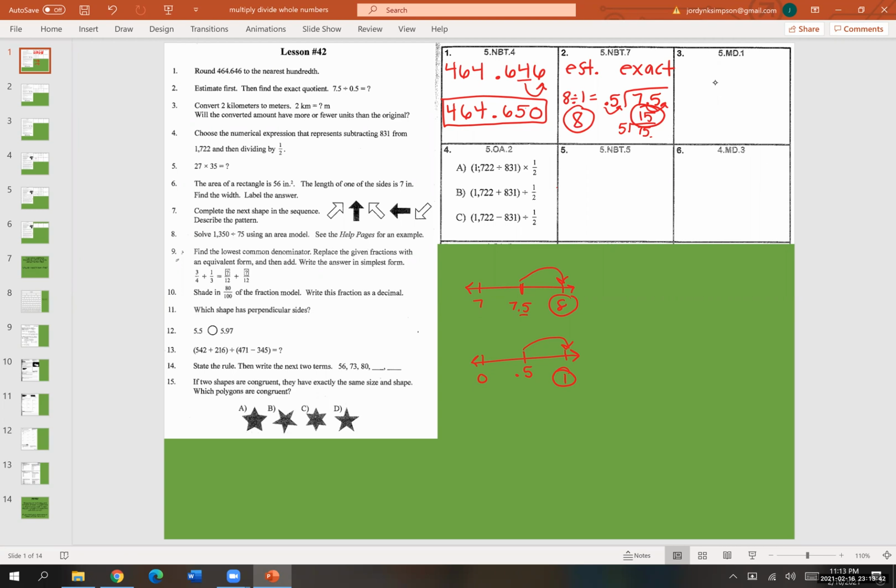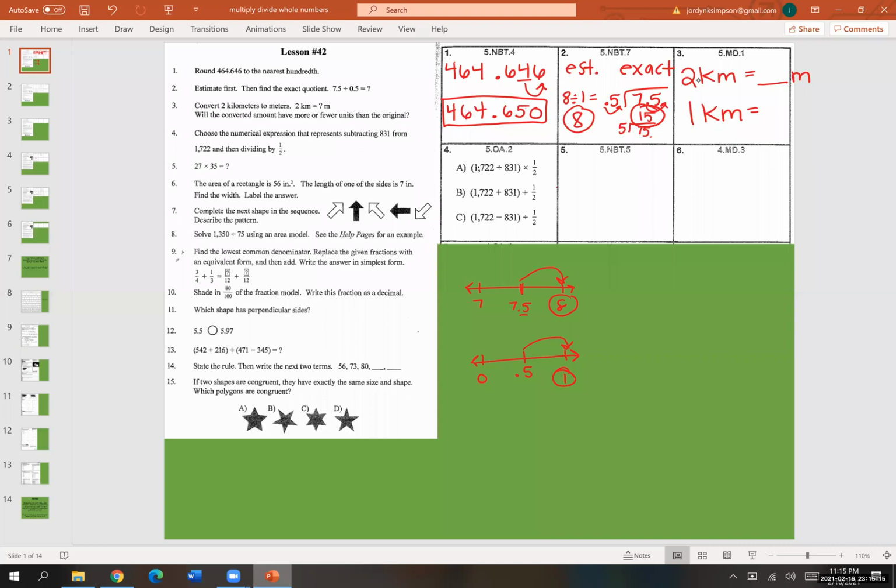All right, so let's go on to number 2. It says convert 2 kilometers to meters. So 2 kilometers equals, I'm going to put a blank and put meters. First we have to think, what is 1 kilometer in meters? If you have your conversion chart at home with you, go ahead and get that out.